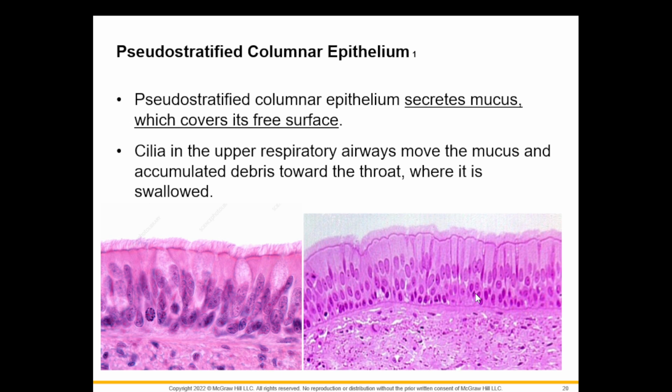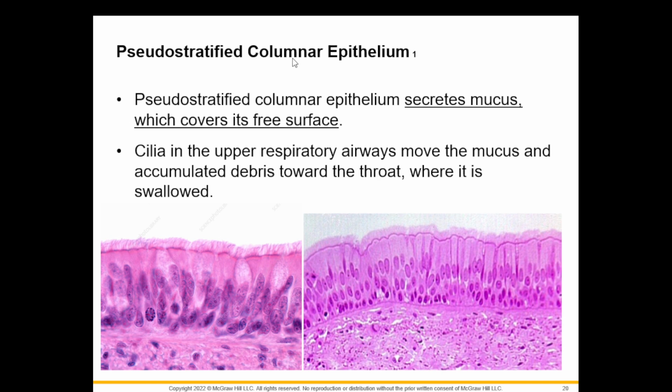It appears like there are many layers, but the truth is, it's only composed of one layer. So, where will you find your pseudostratified columnar epithelium? Remember, they are found in your upper respiratory airways: nose, throat, trachea, upper part of our lungs, and even the throat.